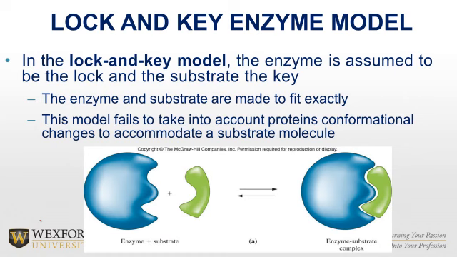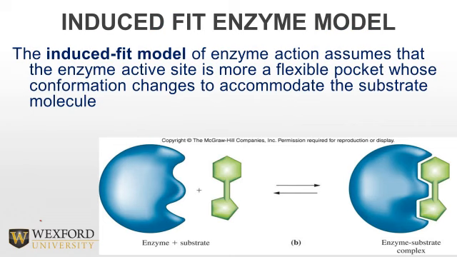So originally when we looked at enzymes and substrates, this was called a lock and key model, where the enzyme is designed to fit perfectly with the substrate, made to fit exactly like a lock and a key. The substrate being the key, the enzyme being the lock. But there's a problem with this. This model fails to take into account that proteins' conformational changes accommodate the substrate. So instead of so much a lock and a key, which is actually a good way to think about it initially, what's more likely to happen is that as soon as the enzyme and the substrate start to meet, the enzyme undergoes conformational changes.